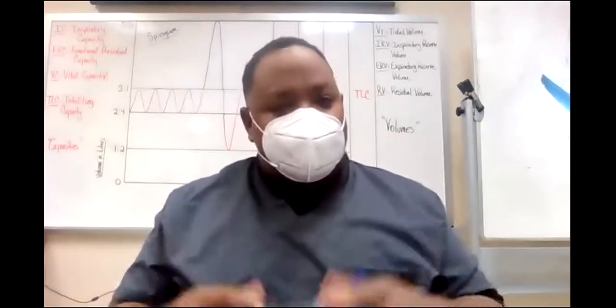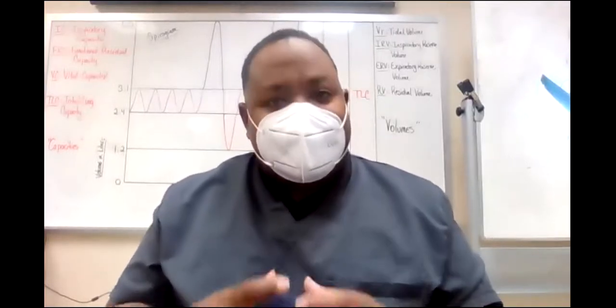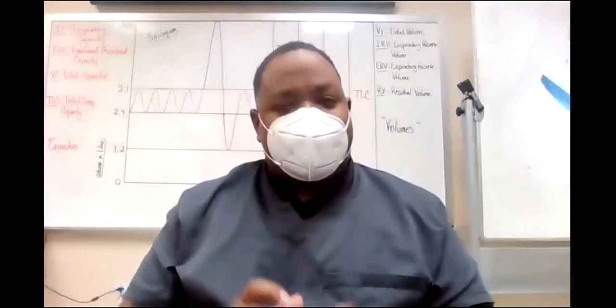If the lungs were outside of the thorax, they would completely collapse. But because they're in the thorax and the chest wall is springing out, that pleural pressure keeps it open at all times. That's called opposing force. Two opposing forces.